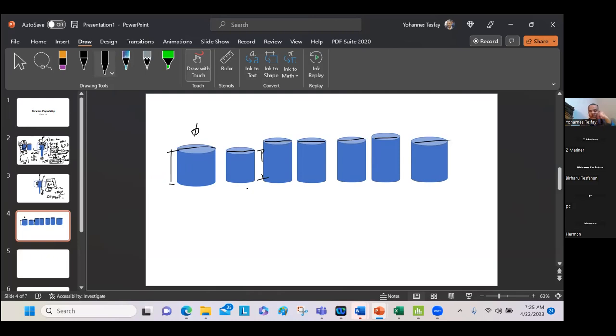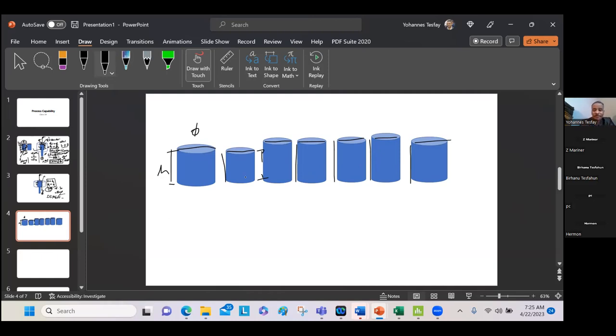This is your height, so your height, you see right here, just like that. This is what you are producing in the production area.